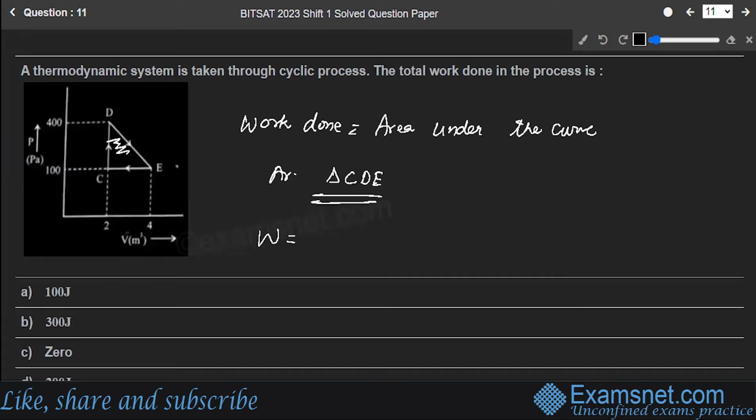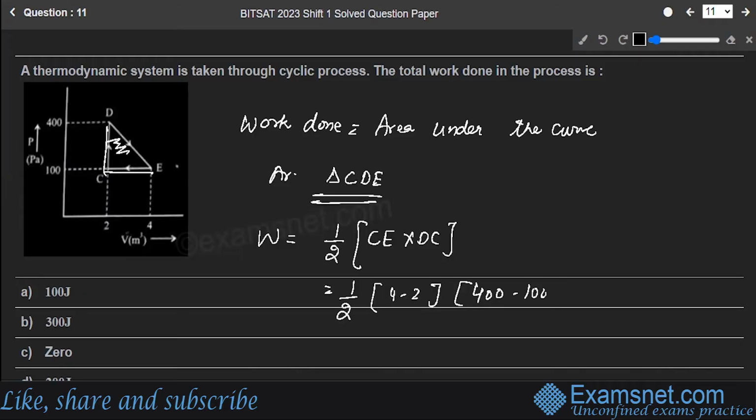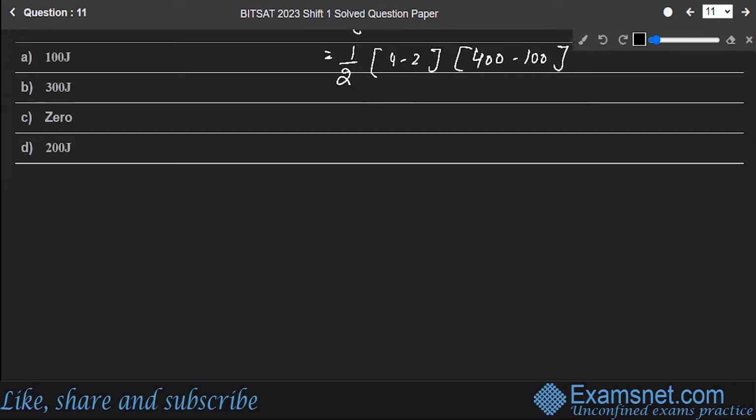So work done will be equal to half into CE into DC. CE is 4 into 2 and DC is 400 minus 100. This is equal to, this will cancel, 300 joules.